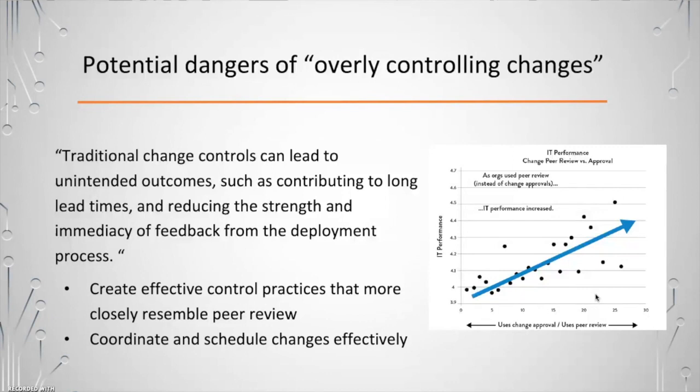Although these measures are not always going to be the best for the team. We need to create effective control practices that more closely resemble peer review, reducing our reliance on external bodies to authorize our changes.